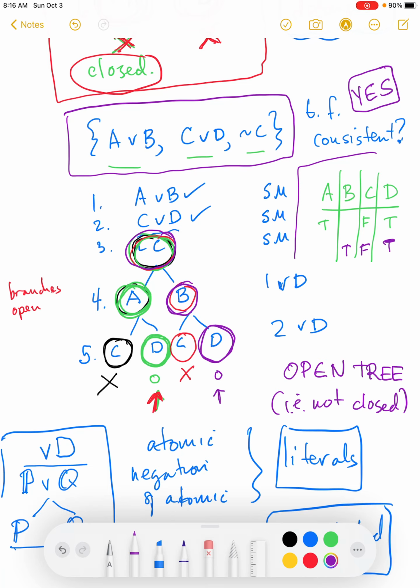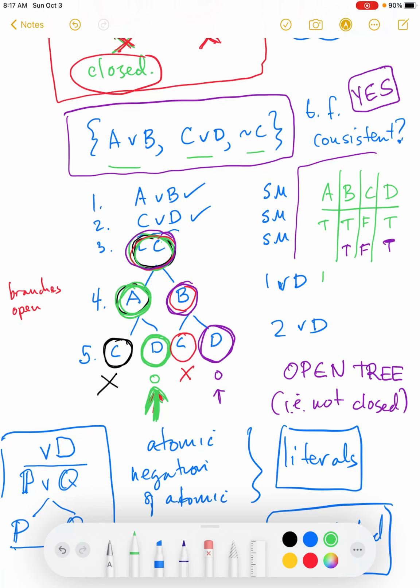So on the first, the green row, we had A being true, C being false, and D being true, but neither B nor its negation shows up on this branch. This is the second one in over to the right. And so what this tells us is that B could be either true or false. So this branch, the one in green, gives us two truth value assignments.